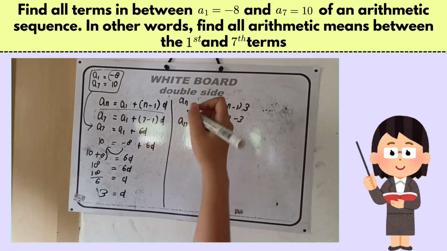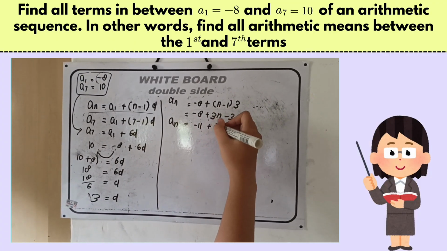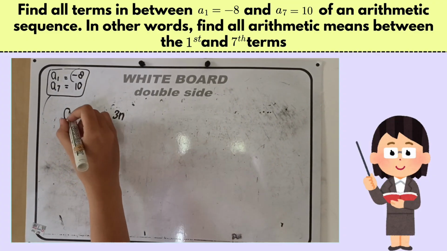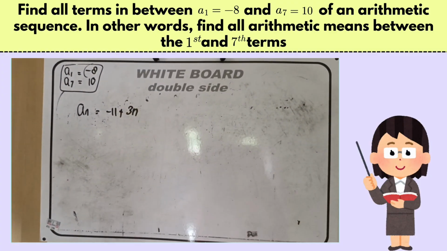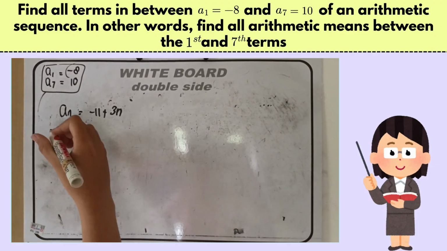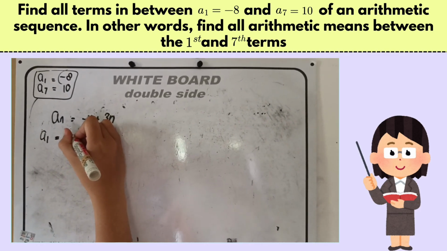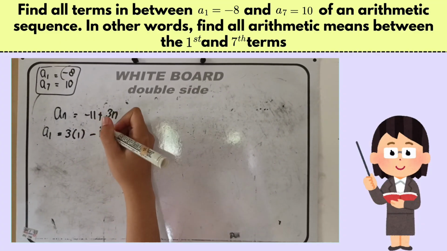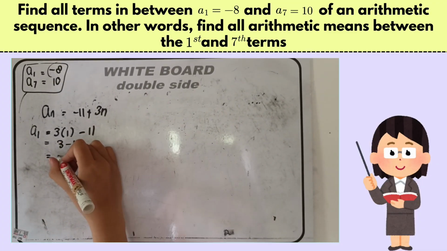So we get a sub n equal negative 11 plus 3n. Okay, with this, a sub n equal negative 11 plus 3n, where n is a positive integer, find the missing terms.